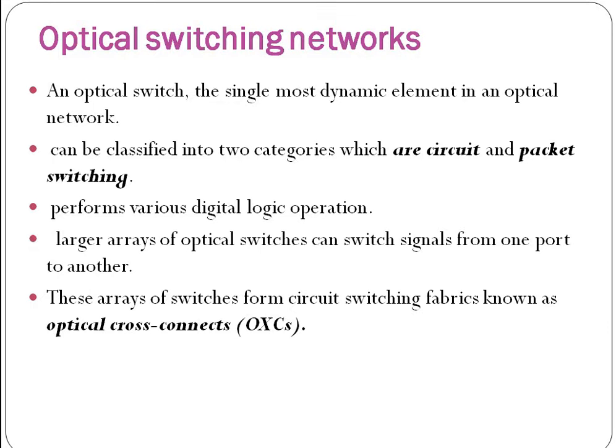So an optical switch performs various digital logic operations, that is allowing signals to switch from one state to another state. Therefore, large arrays of optical switches can switch the signals from one port to another port.